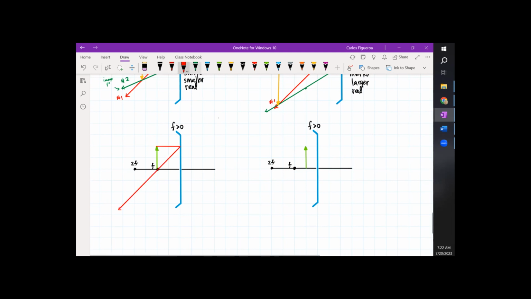So now, again, look at that image point. So now I'm going to look at the ray here, and it has to go through that image point. And you can see that those two rays are parallel.